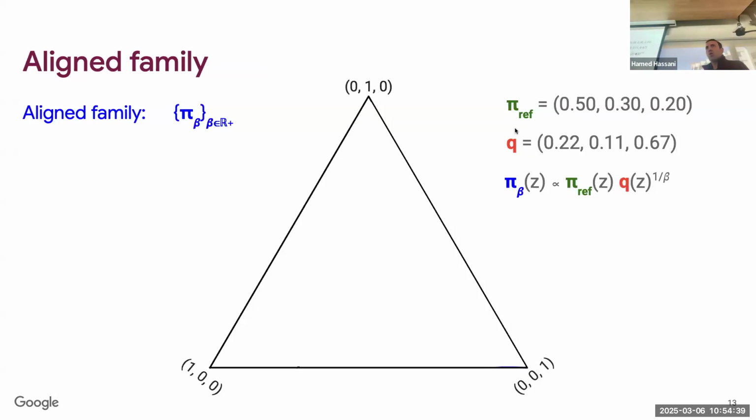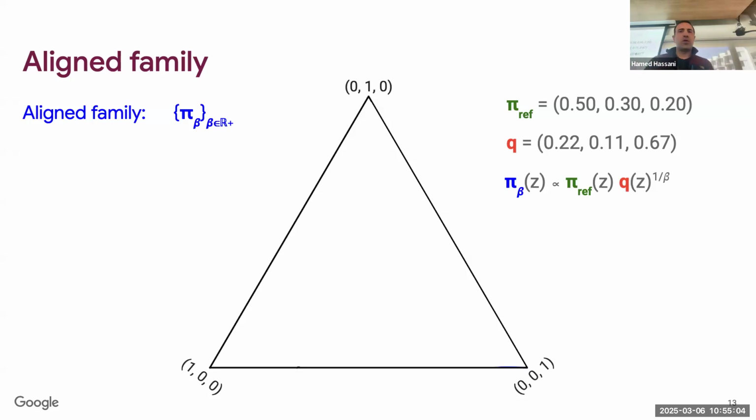Okay, now let us try to examine this in a very simplified manner. I'm going to look at a super simple language model. Our alphabet is 0, 1, and 2, so we can only generate zeros, ones, and twos, and we're going to generate just one symbol.